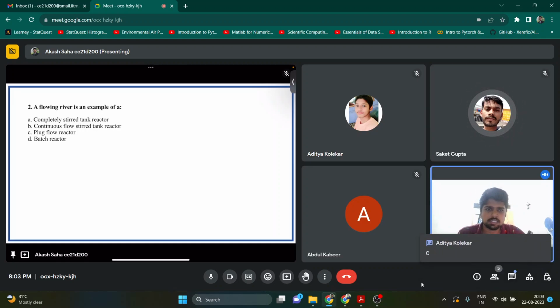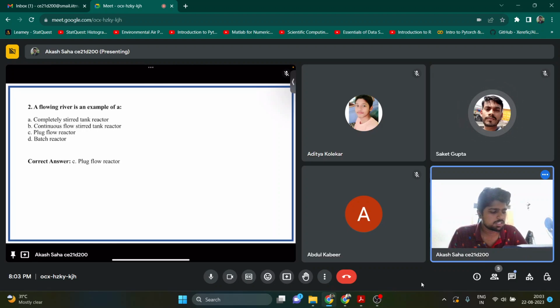Yes, Aditya is also saying it's a plug flow reactor. It is fine. So the right answer is plug flow reactor, because it's a long channel, so in that only radial dispersion or mixing happens. Longitudinally, we will take it as a CSTR.